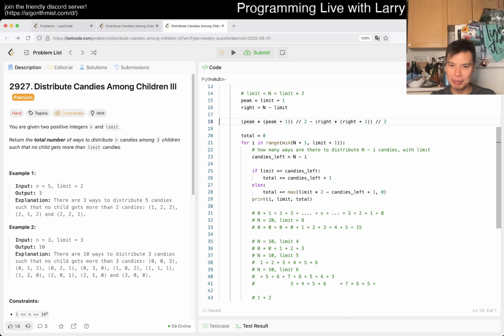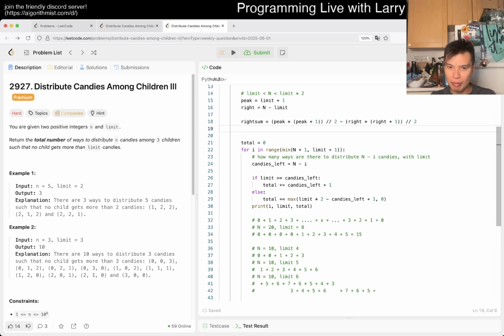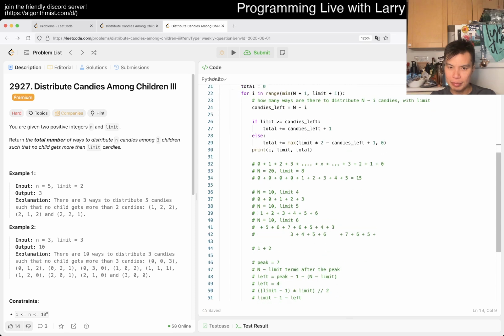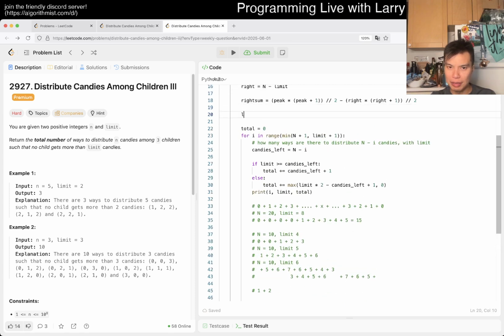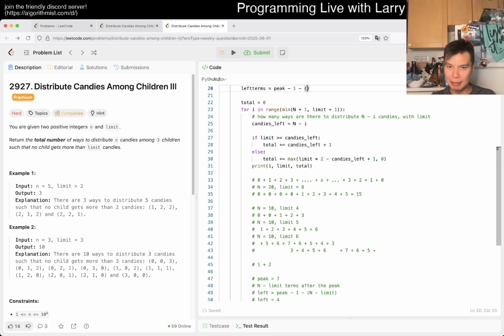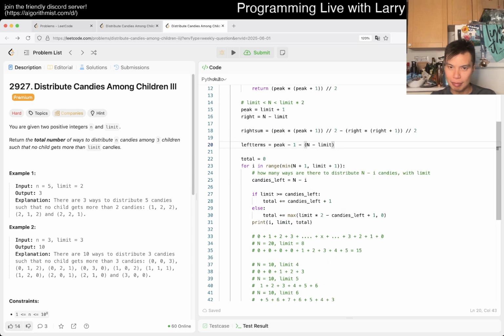Okay, so this is right sum, say. Right, and then on the left side, we have left terms equal to peak minus 1 minus n minus limit, right?